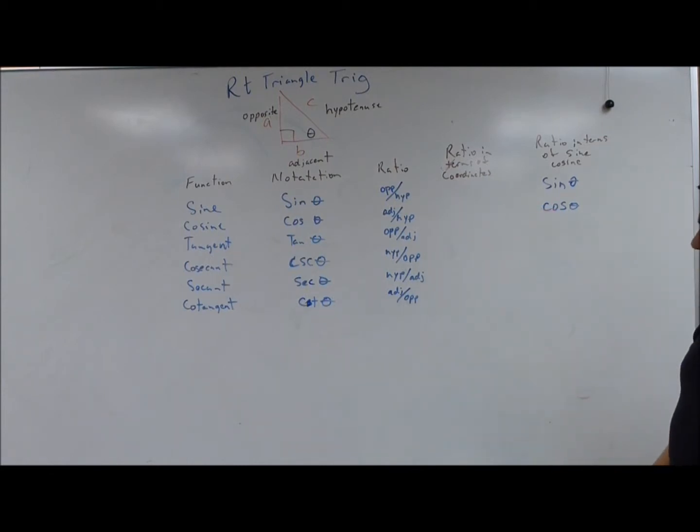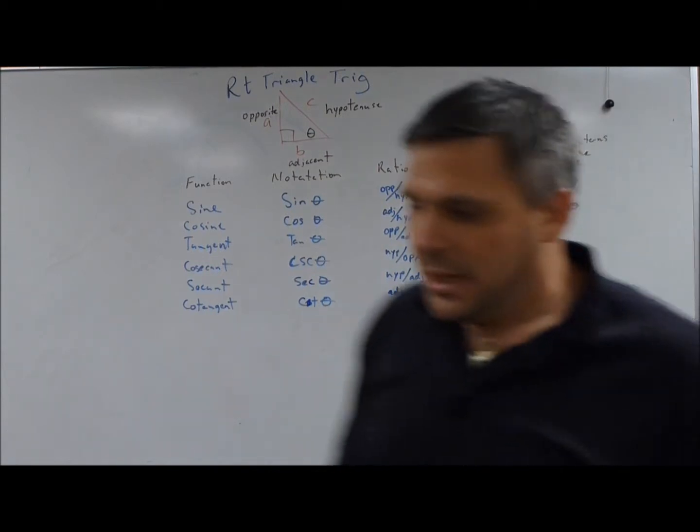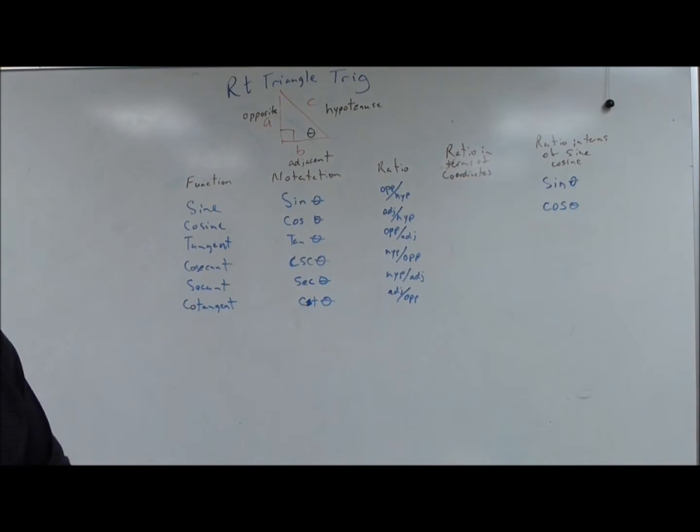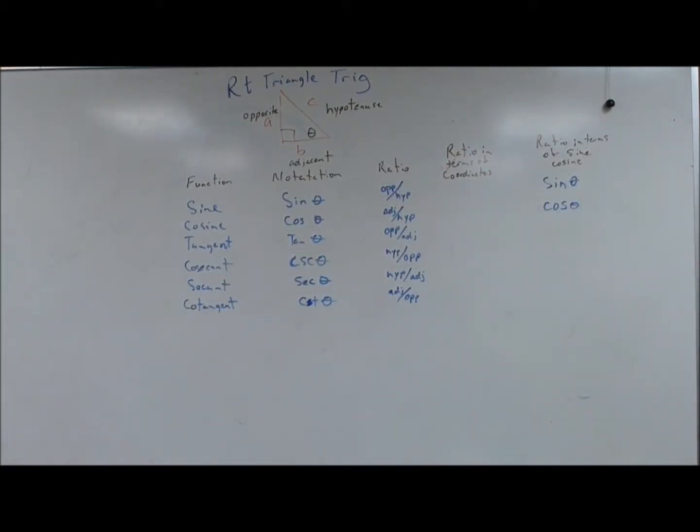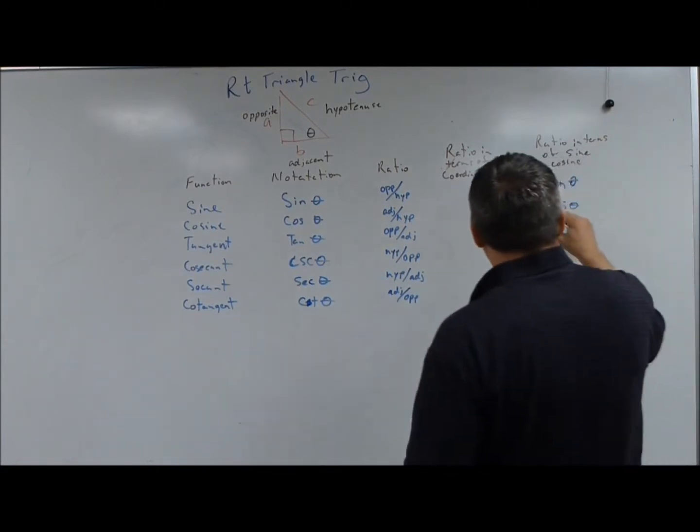First we're going to talk about the ratios in terms of cosine and sine. Let's think about that. We've got tangent is really just sine theta over cosine theta.